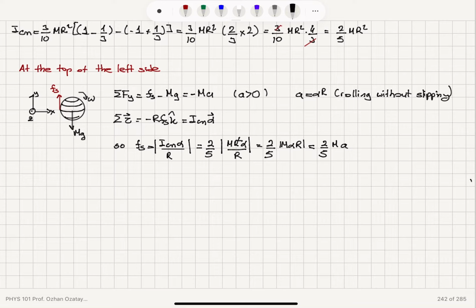So with that we can substitute 2 over 5 ma for static friction minus mg.